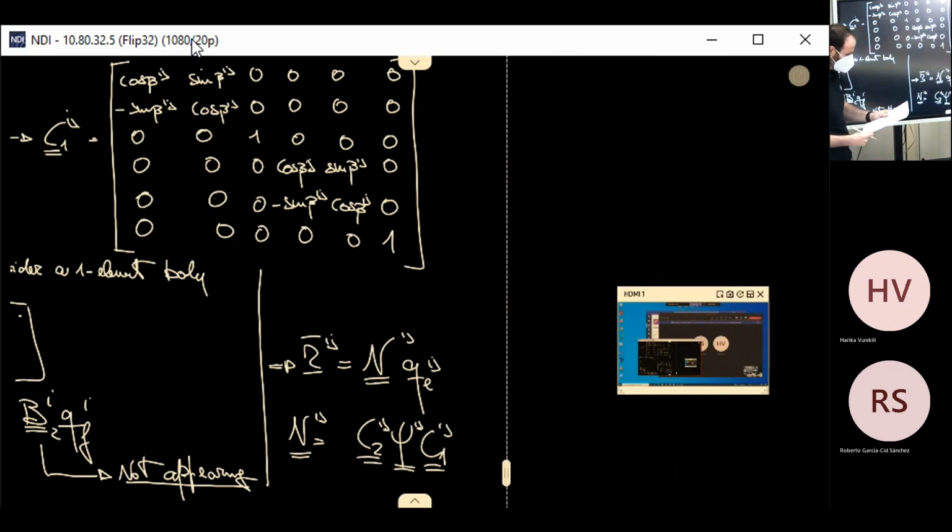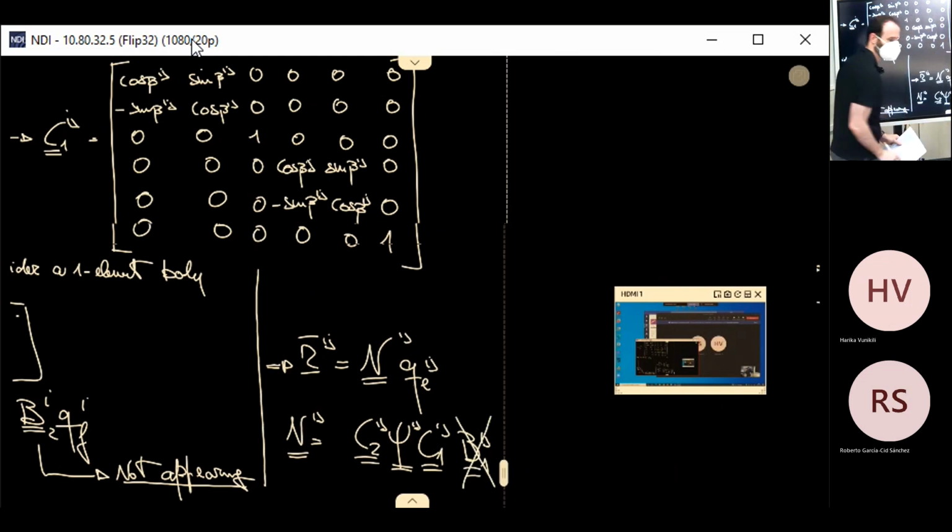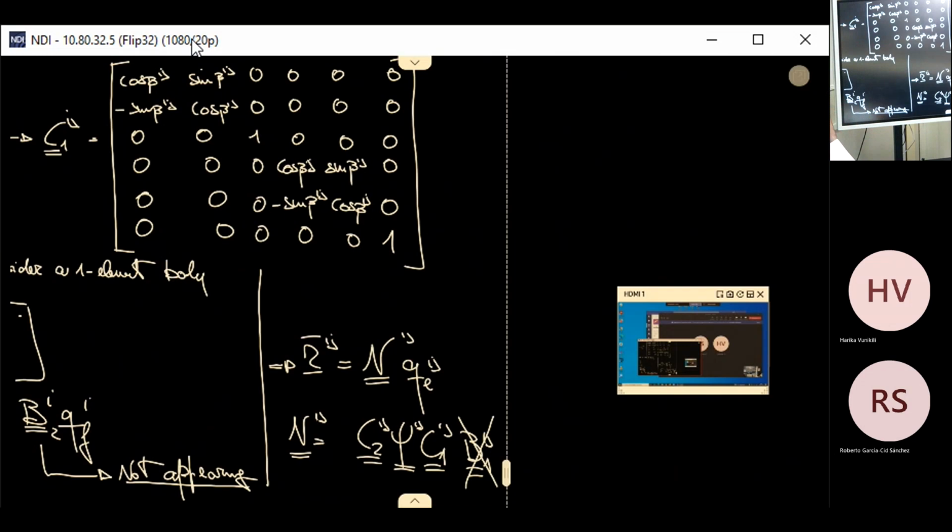So you see there is no B1 in here. You should have it, but you don't, because we are in a simpler case.